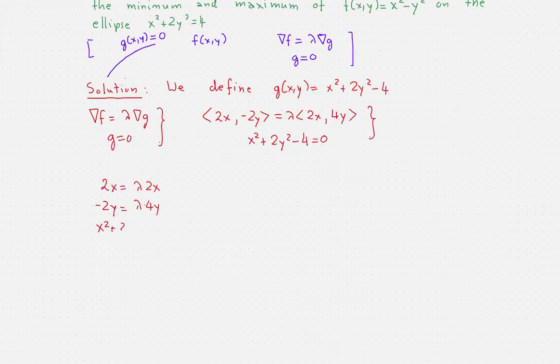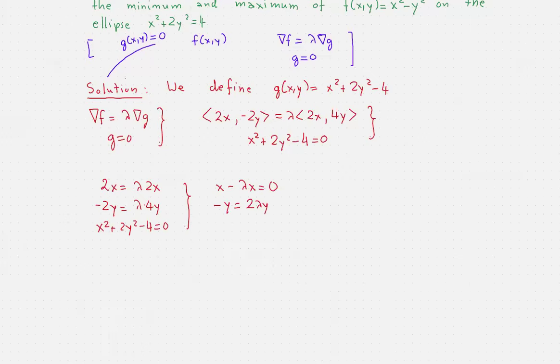We can further simplify this by dividing the first equation by 2 and bring everything over to the left-hand side. So x minus lambda x is equal to 0. For the second equation, I think it's enough to just divide it by 2. So minus y is equal to 2 lambda y. And the last equation, let's leave it as it is.